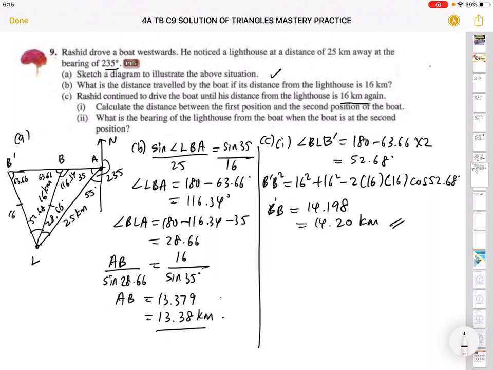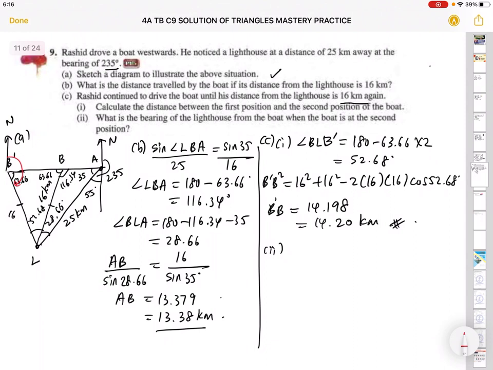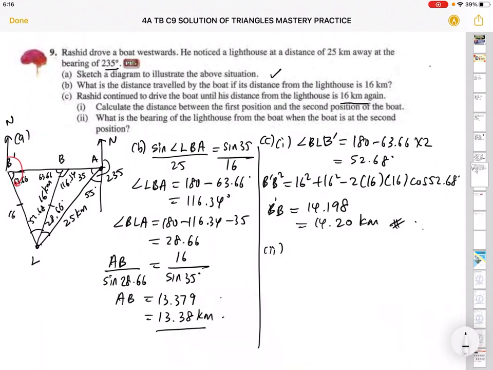Next, what is the bearing of the lighthouse from the boat when the boat is at the second position? Bearing is very simple in this case. We measure the bearing from north. So basically, we are finding this angle here, right? So we take 90 plus the angle between. Your bearing is 90 plus 63.66.